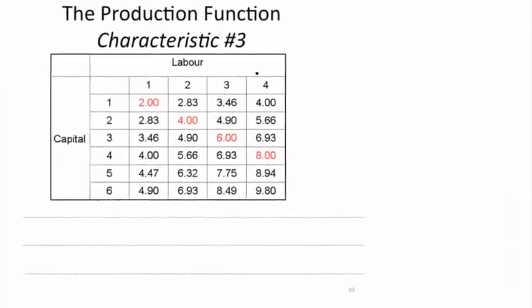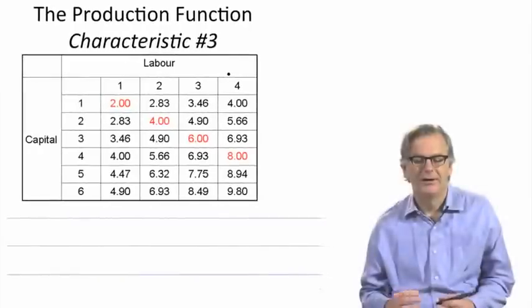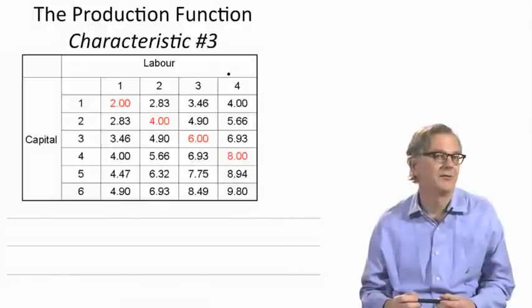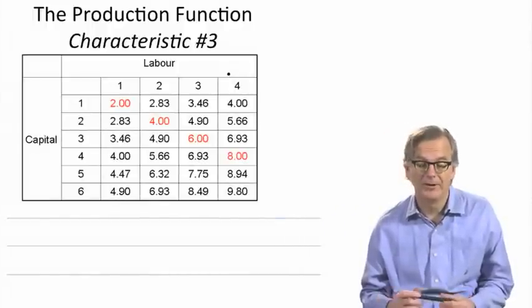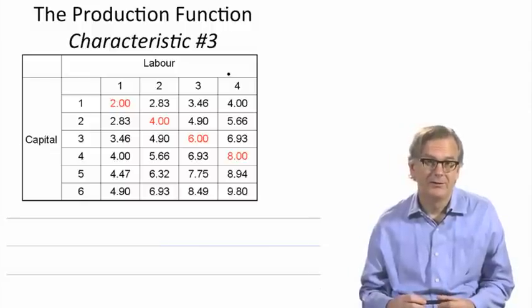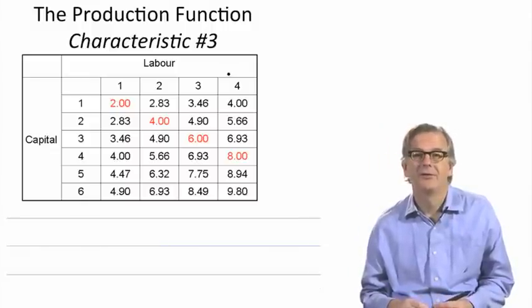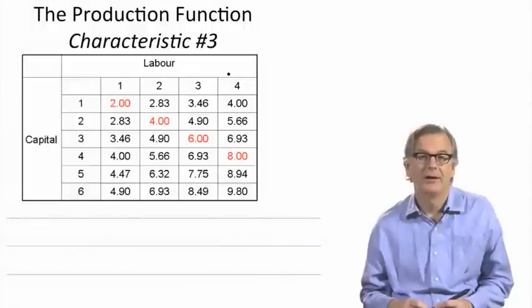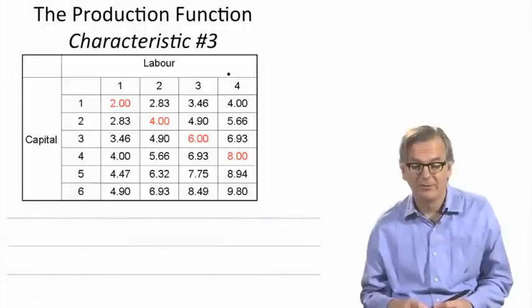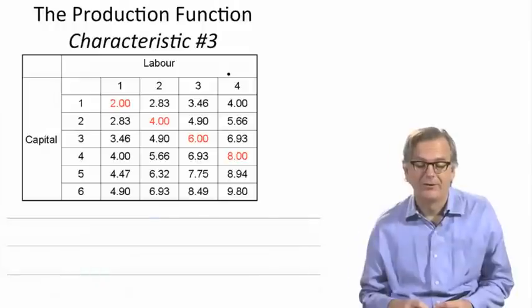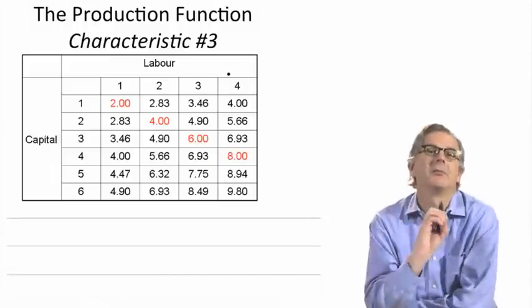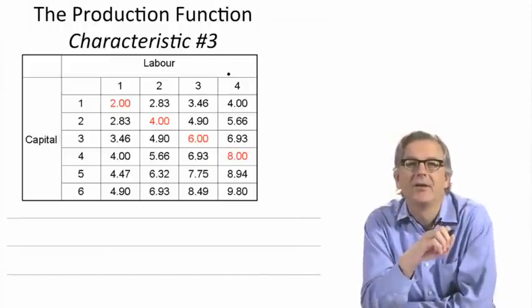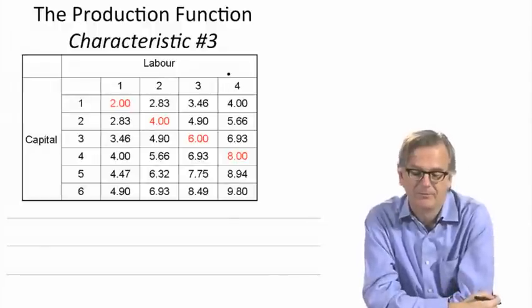Now for our third characteristic of real-world production, if you like, the third characteristic that any production function we work with should be able to represent. This is quite different, this third characteristic, from the diminishing marginal productivity of capital and diminishing marginal productivity of labour. In this third characteristic, what I'm doing is now varying both labour and capital. The only thing I'm holding constant here are those secondary factors of production.